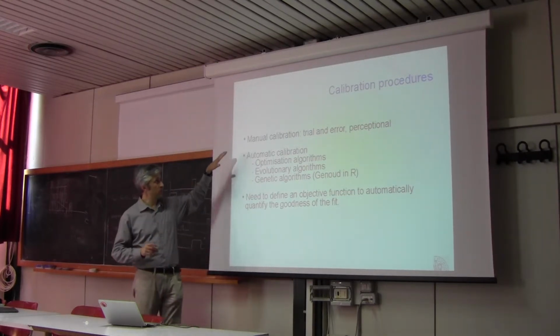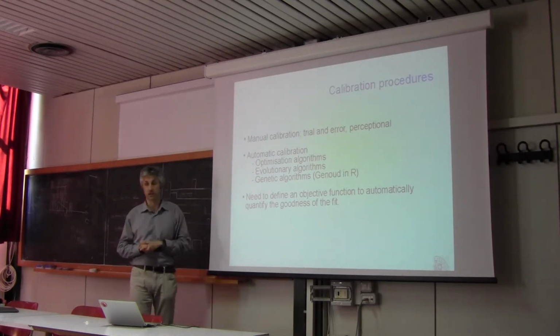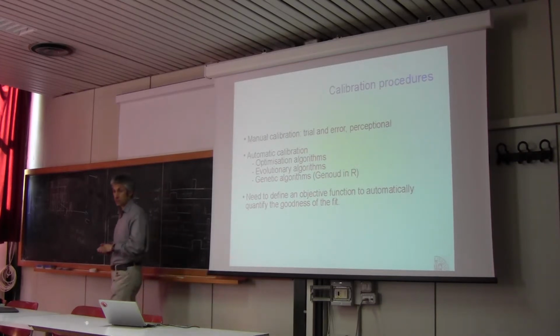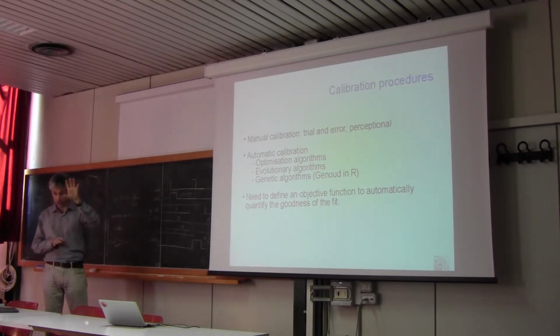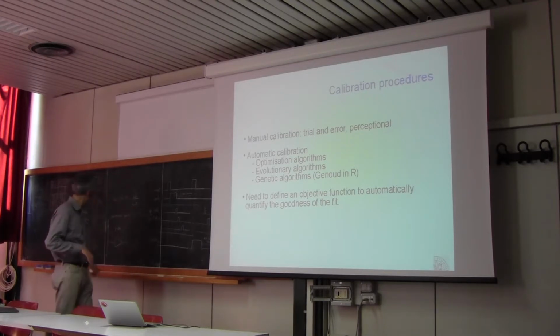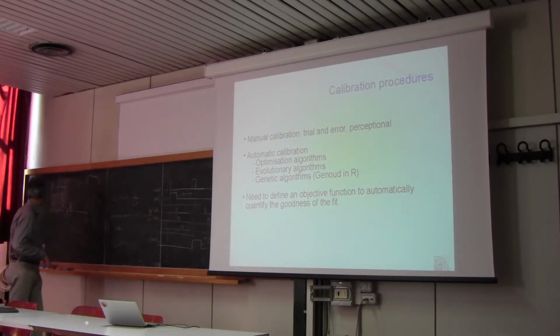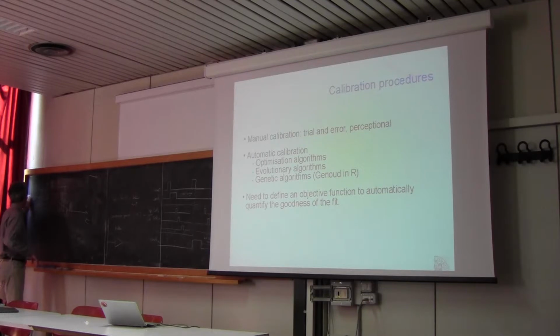Anyway, this type of calibration is called trial and error. So when you tune by looking at the comparison between model simulation and observation, you make a trial and error calibration. Trial and error means I try, I look at the errors, and then I make another trial.